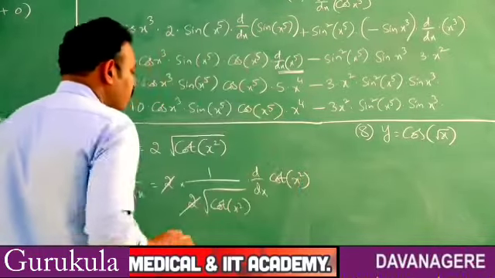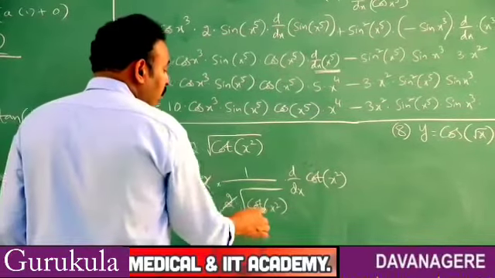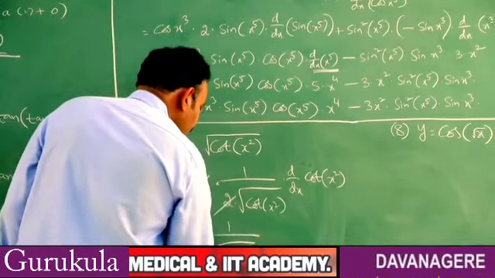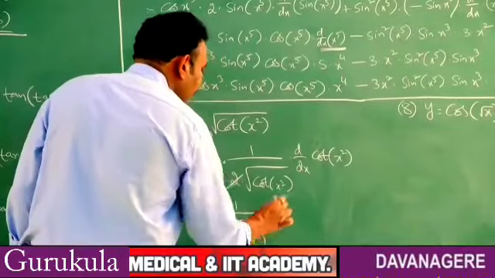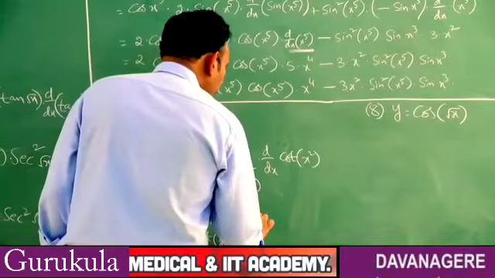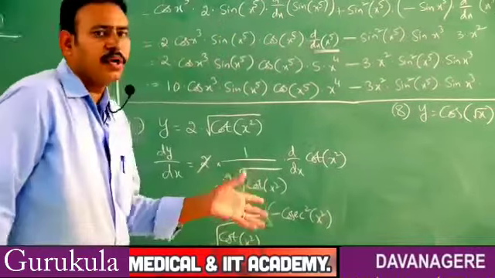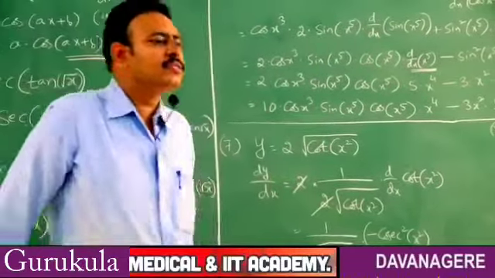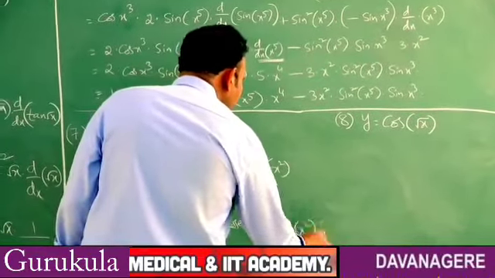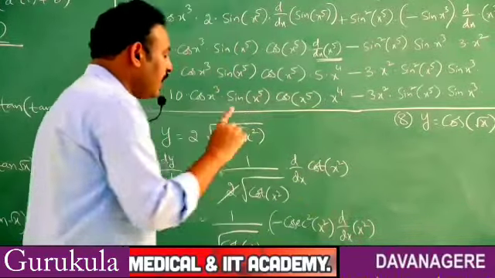Cot of x square, which is equal to 1 by root of cot of x square into cot x derivative. Derivative of cot theta is minus cosecant square theta, so derivative of cot x is minus cosecant square x into d by dx of x square, students. Now it becomes x square.